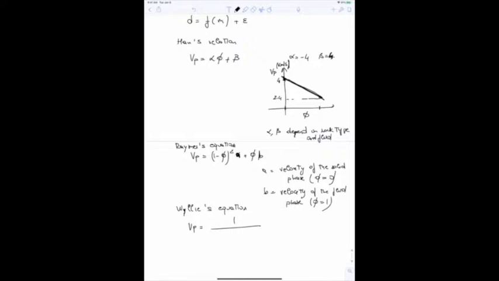Let's call them U and V. U times 1 minus porosity plus V times porosity.